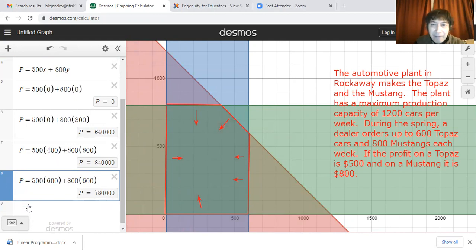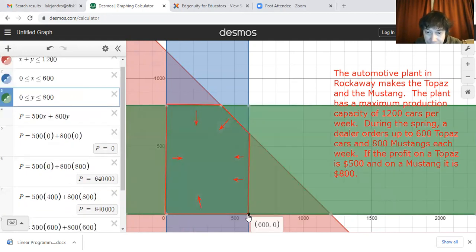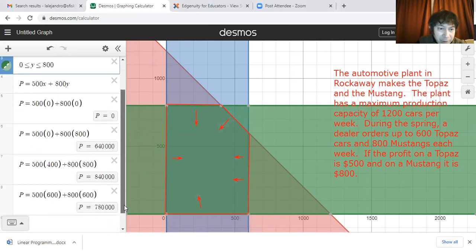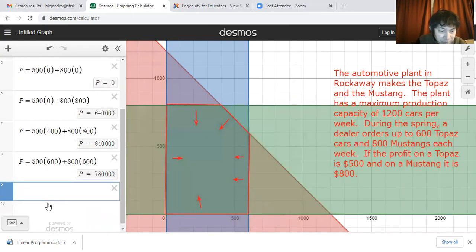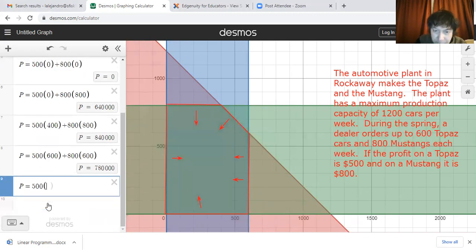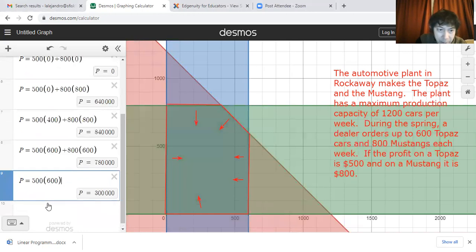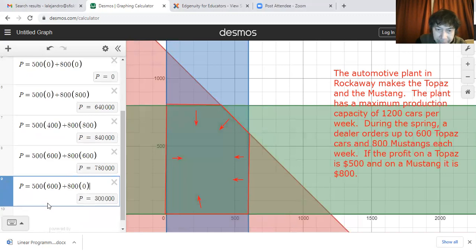That is not the last point. We still have one more over here. That's 600 and 0. So P is equal to 500 times 600 plus 800 times 0.